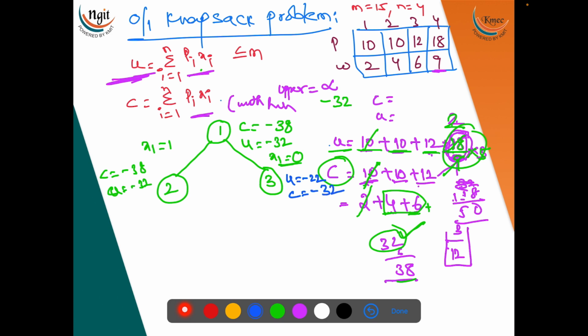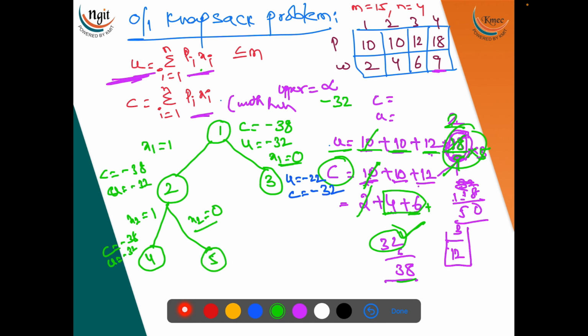Okay. Now let us have the x2 object inside of the bag. So there won't be any change. The same value, c is equal to minus 38, u is equal to minus 32. If you will not place x2, then let's see the values of u and c.